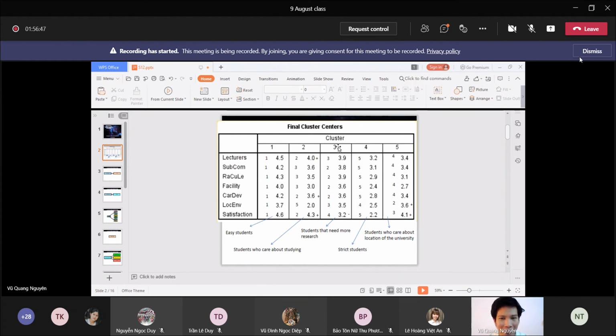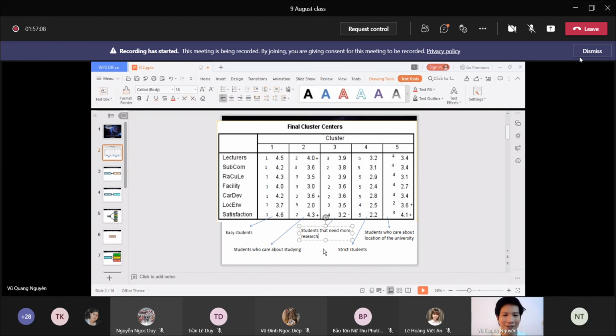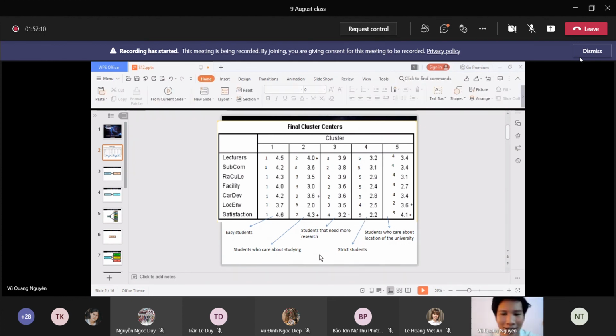The thing is with cluster 3 here, not good satisfaction. So I must look at what is also not good, but none is not good. All of them are rather good. Then what leads to the bad satisfaction? Nothing, right? So I think they need more research to understand them. See, that's how I do the thing.